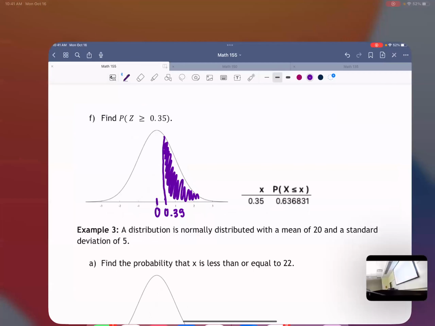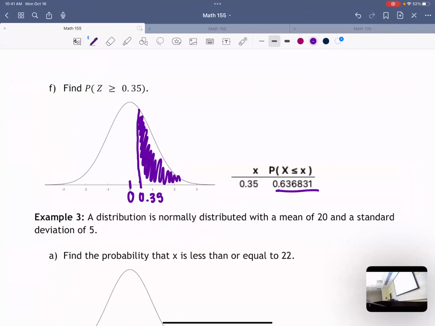Okay, let's just figure out what we do with our answer. Okay, so this is what Minitab pops out. Okay, the problem with this question is the thing that Minitab pops out is the less than probability. This isn't a greater than probability. So what should I do with this 0.636? Subtract it from 1, right? So if you have a greater than probability question, you're going to go into Minitab, and then you're going to subtract it from 1.